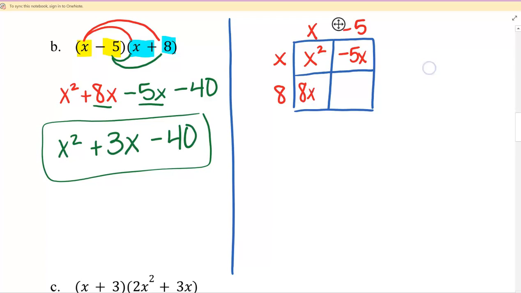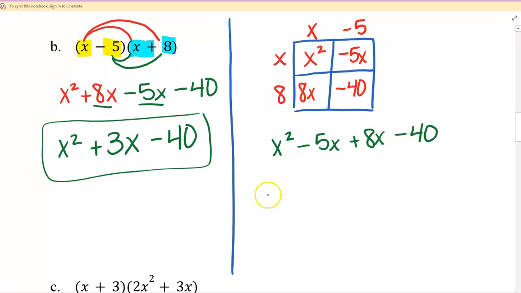And lastly, negative 5 times 8, which is negative 40. Okay, so now I've multiplied it out, and I'm going to write out everything that's in the box. So I'm going to come down below it and write x squared minus 5x plus 8x minus 40.